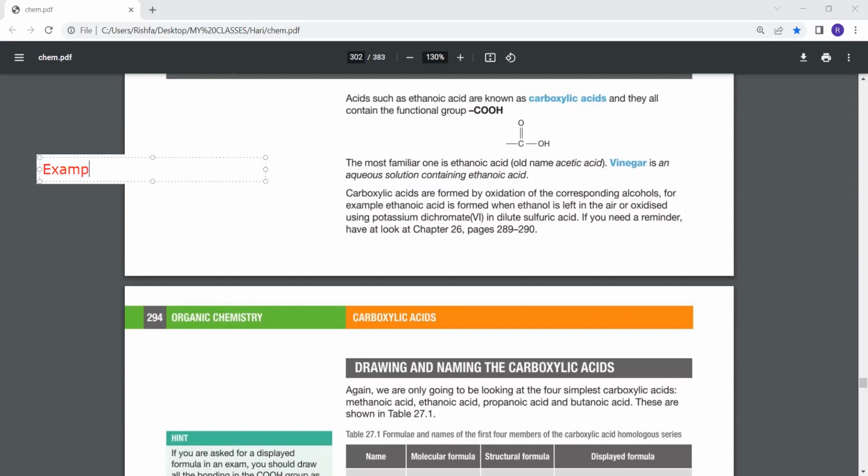Okay, right. Exam: put a star mark and write ethanoic acid is vinegar. It is also called acetic acid. Know that.